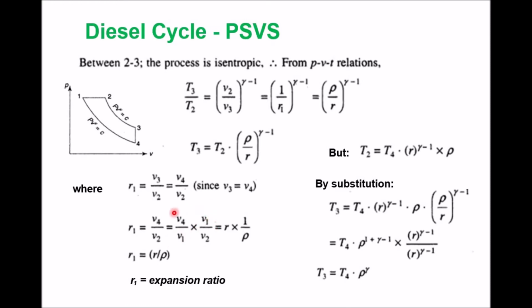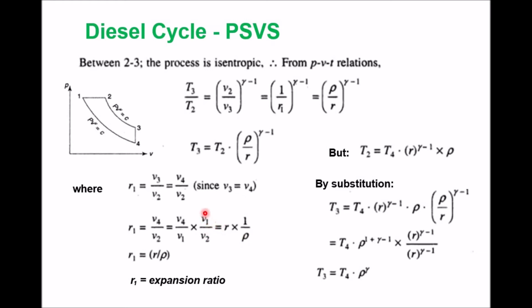So this expression reduces again to V4 over V2. But V4 divided by V1, if you remember, is the compression ratio r. And V1 over V2 is the reciprocal of the cut-off ratio, because the cut-off ratio is V2 divided by V1.